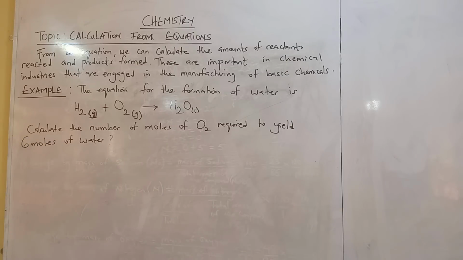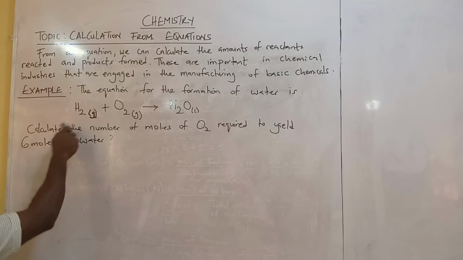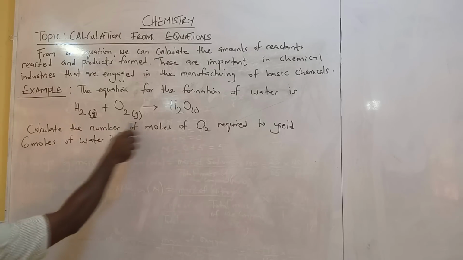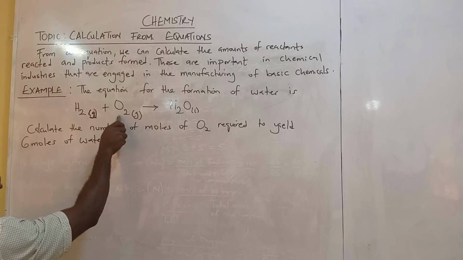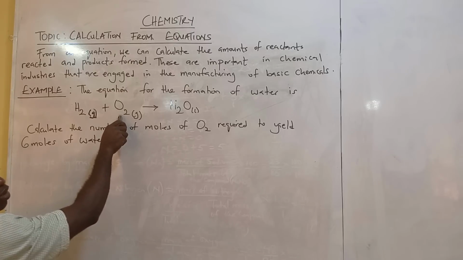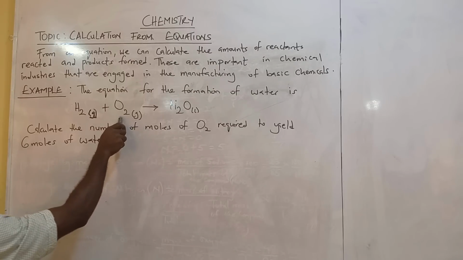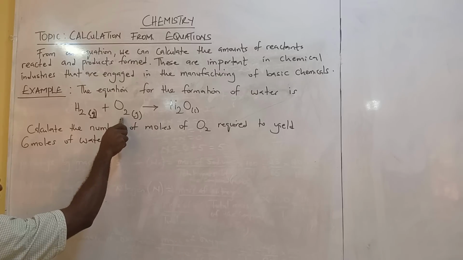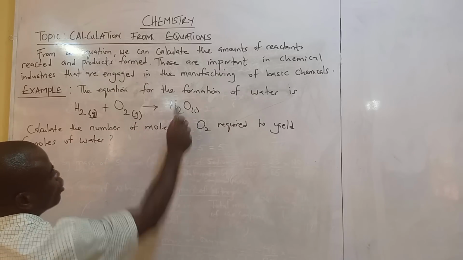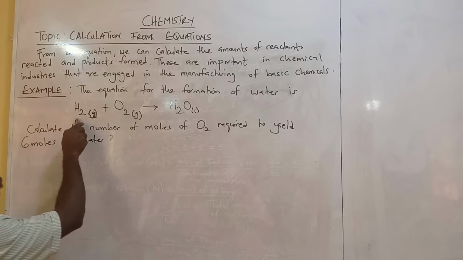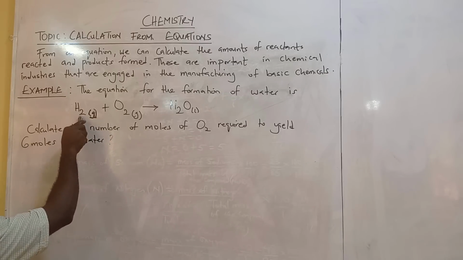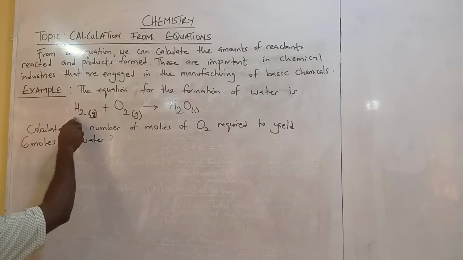Now let's balance it. Hydrogen, you can see that it's not balanced. We have one molecule of water here, and that's one atom of oxygen, but the oxygen molecule has two atoms of oxygen. Two atoms of hydrogen, that is one molecule of hydrogen, is two atoms of hydrogen.